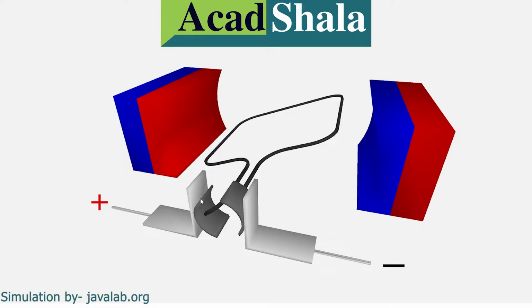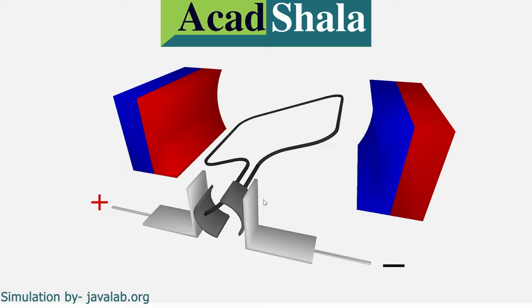This simulation, children, shows the principle of a simple DC motor. When current is applied to the coil, the direction of the current flowing in the coil's left and right parts are opposite.